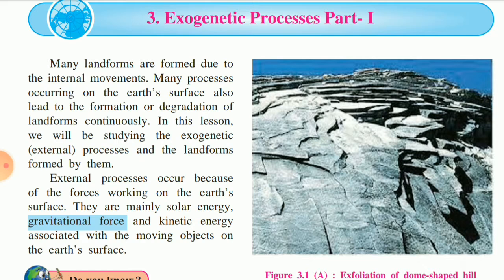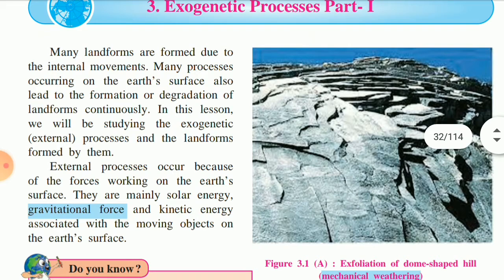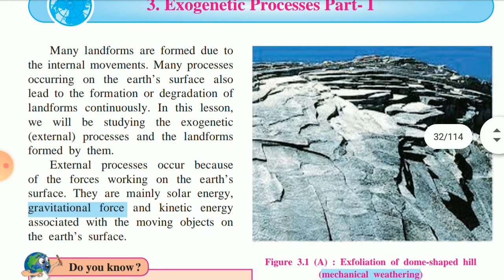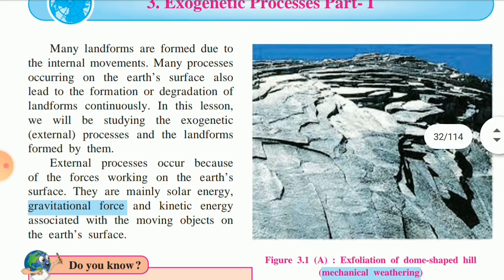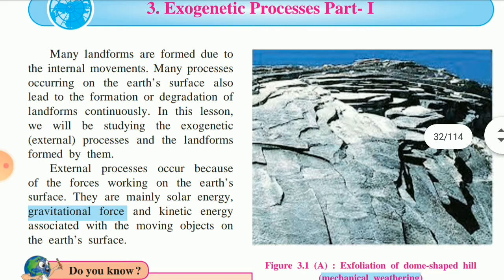Many landforms are formed due to the internal movement. We have seen this internal movement earlier in the previous chapter. Many processes occurring on the Earth's surface also lead to the formation and degradation of landforms continuously.